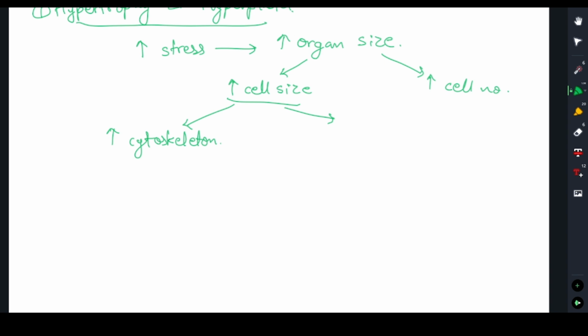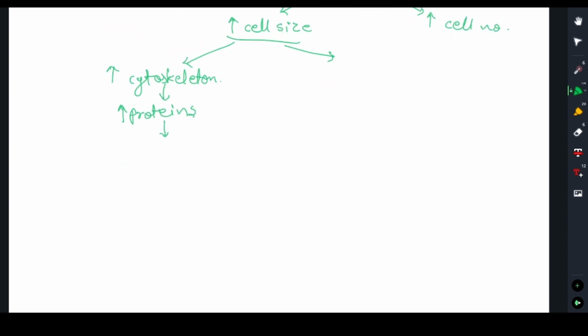So you need to increase the cytoskeletal elements. And what are they? They are proteins. So if you want to increase the proteins, you will have to increase protein synthesis, for which you will ultimately have to do gene activation. So gene activation will lead to increased protein synthesis, due to which we will have more cytoskeletal elements, and hence we will have the framework for the extra part of the cell that needs to be built in order to counteract the increase in stress that is occurring in that situation.